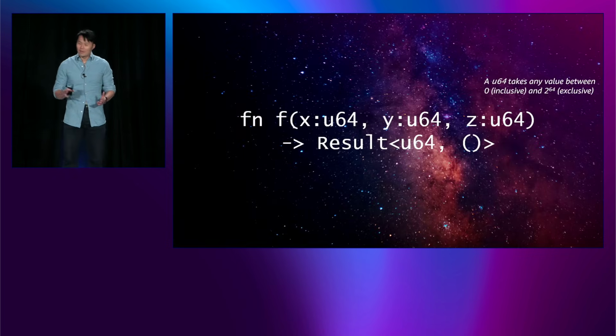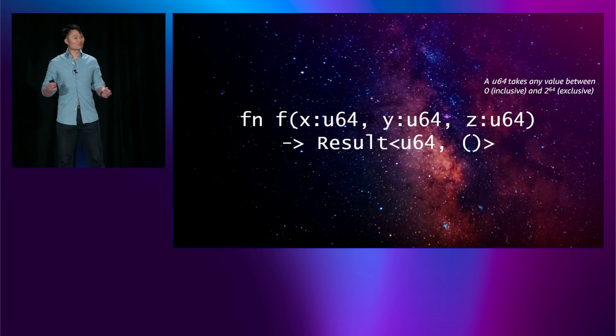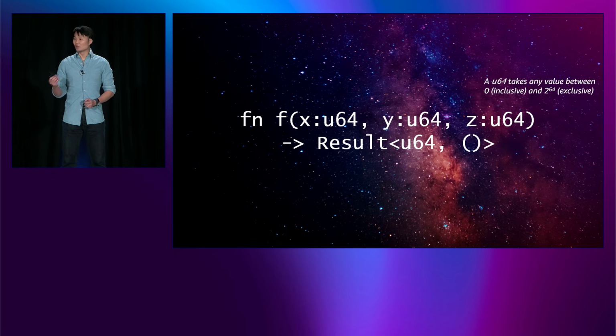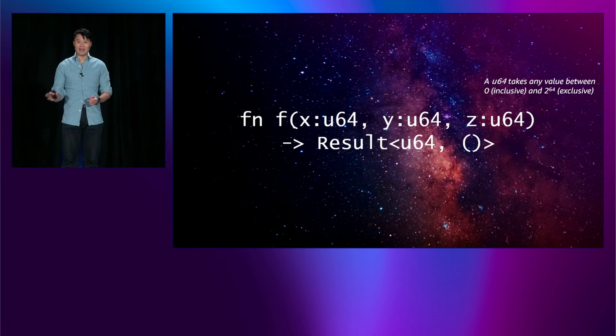A program that implements this Rust function prototype, taking 3 U64 unsigned 64-bit values, X, Y, and Z, and returns a result type, either a U64 or an error. And let's say we wanted to show a behavior that the system should never have.